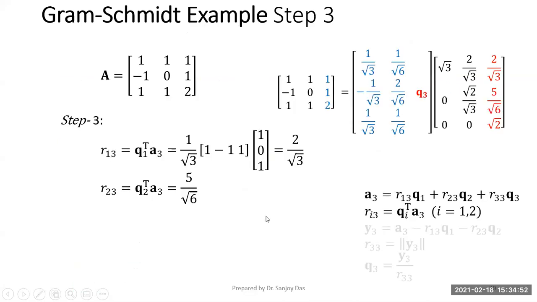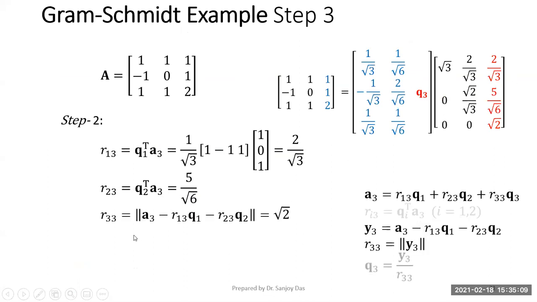This is the example. So Q3 is unknown. In the first step, I find R13 and R23, Q1 transpose A3 and Q2 transpose A3, and this gives me these values. Replace them, and then Y3 would be A3 minus R13 Q1 minus R23 Q2.